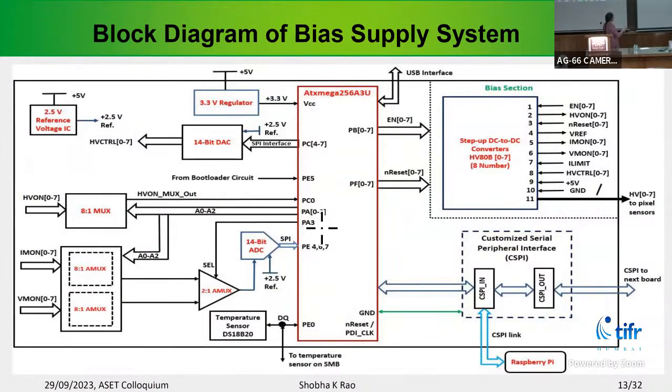And this is just a block diagram of the bias supply. There is a microcontroller, and these are all the HV80s, 256 HV80s are controlled and programmed. The control voltage is through the DAC, and for monitoring the current and voltage there is again an ADC, and one wire protocol reading the sensor and using the SPI communication through the Raspberry Pi.